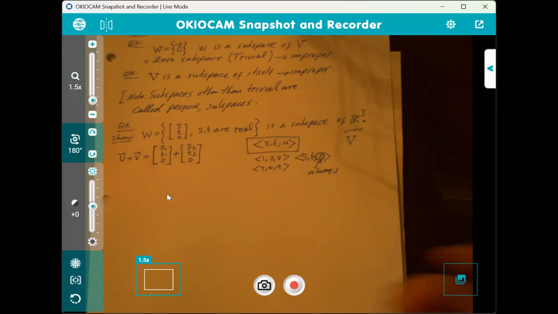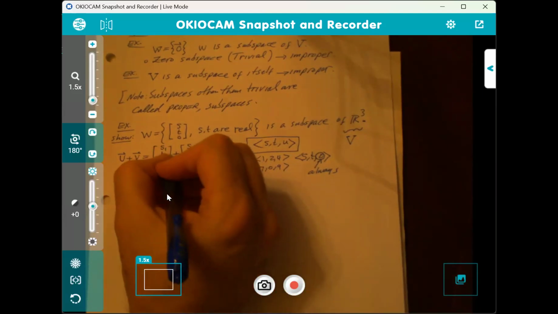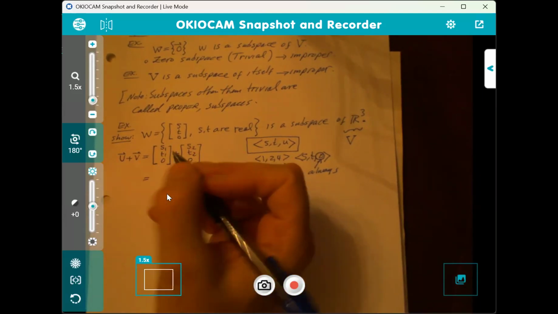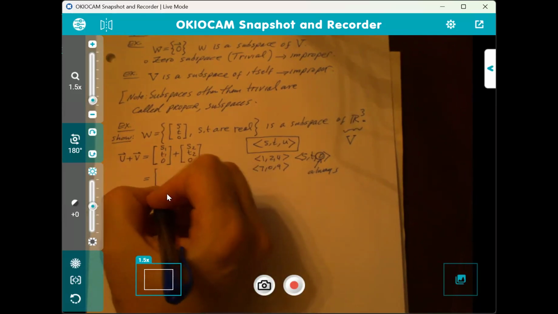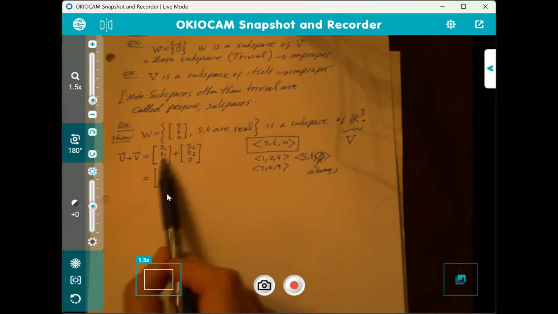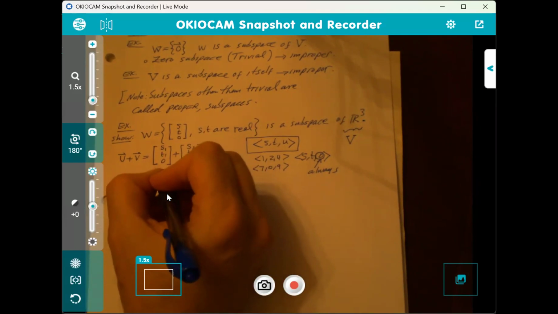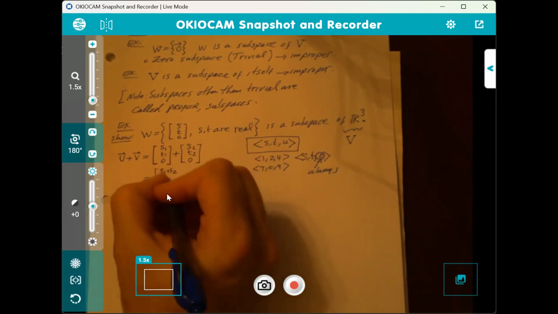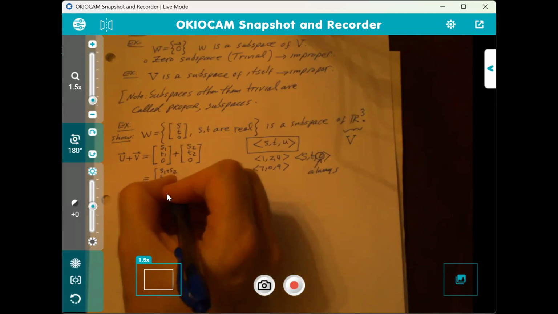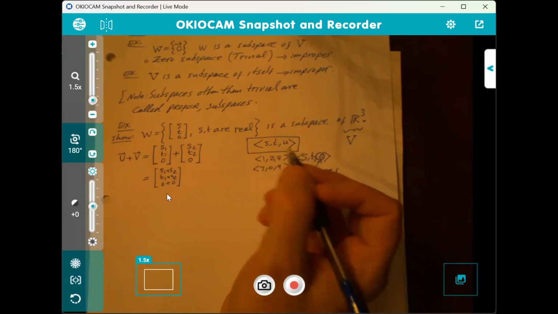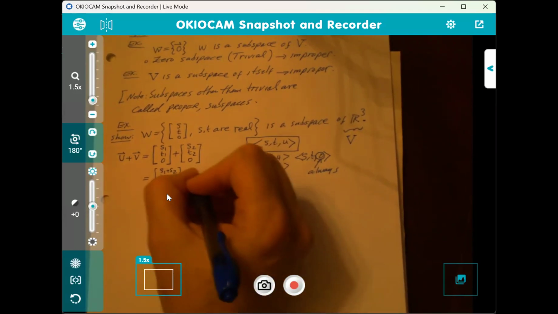So there you go. Let's add the two vectors. How do we add vectors? We add each component of the vectors. So S1 plus S2, T1 plus T2, 0 plus 0, and of course 0 plus 0 is just 0.